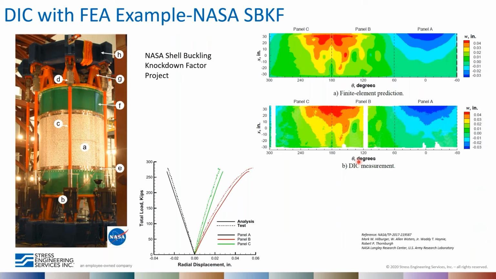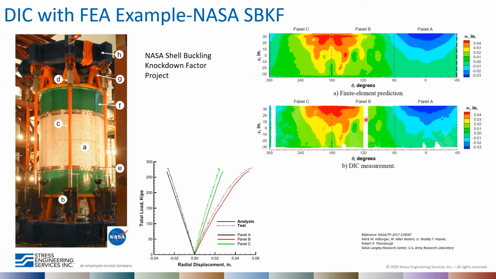So just a quick example of how NASA uses this. This is taken from a paper by NASA Langley. They do a buckling test of very large rocket body structures. In the upper right is the result of a finite element analysis as they apply compression from the top pushing down on these thin wall cylinders.